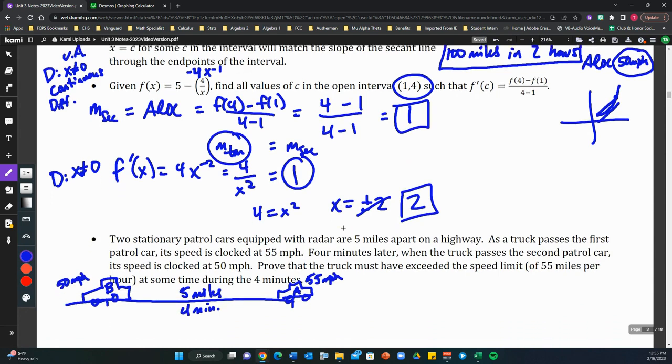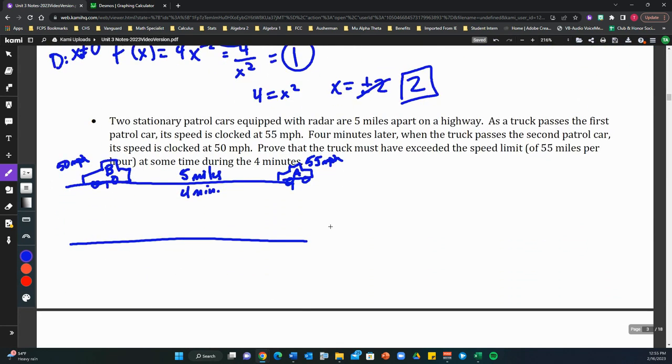Now, interpreting continuity and differentiability in terms of this real-world problem, well, we have to think about what's going on here in our inputs and outputs. So in this case, we are looking at an input of time measured in minutes, and the output would be the truck's position, which would be measured in miles.